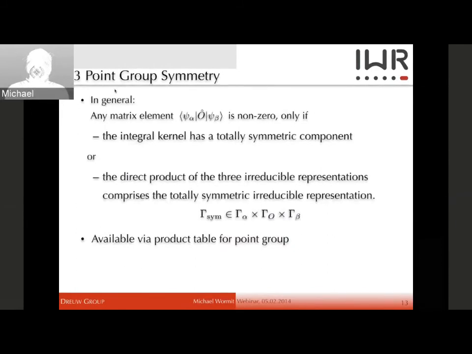This way, again, these operators get a block structure, which is not necessarily block diagonal anymore, but there are a lot of zero blocks if these products of three irreducible representations don't contain the totally symmetric irreducible representation.